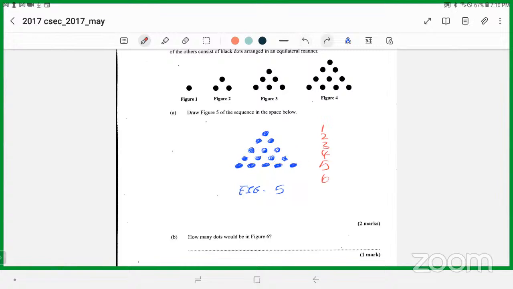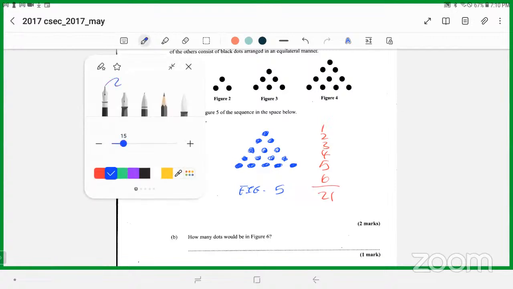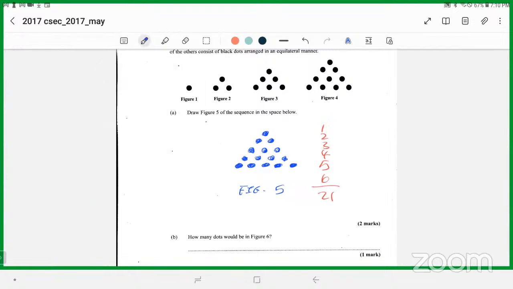And then we have to add 6 more on the bottom to get this figure. So this adds up to 21. The answer is 21. Done. And I'm leaving this on the paper now to show I got it. Next one.